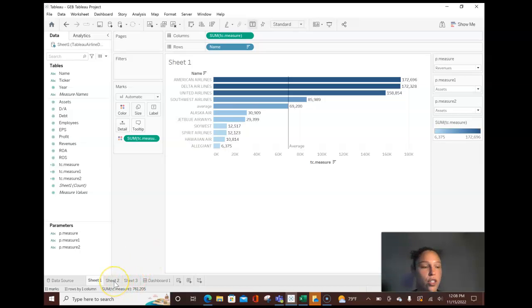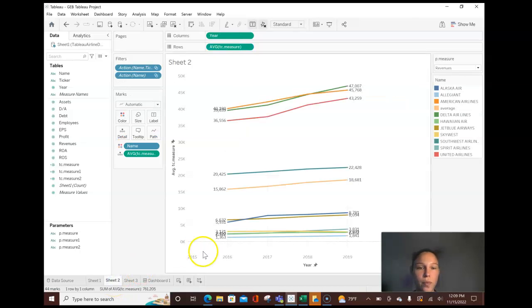So for the next sheet, we could see that this shows the increases or decreases over time for the revenues for each company. And at the top, with the largest increase over time from 2016 to 2019 was Delta Airlines.